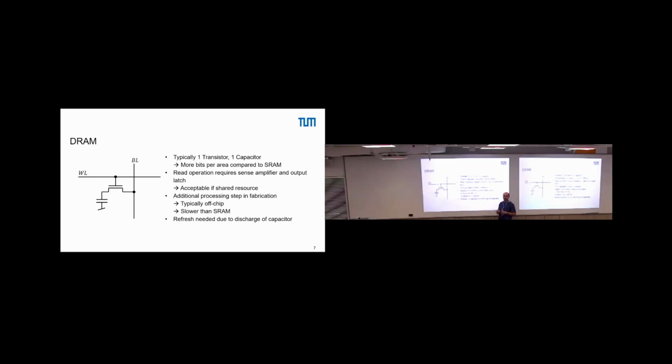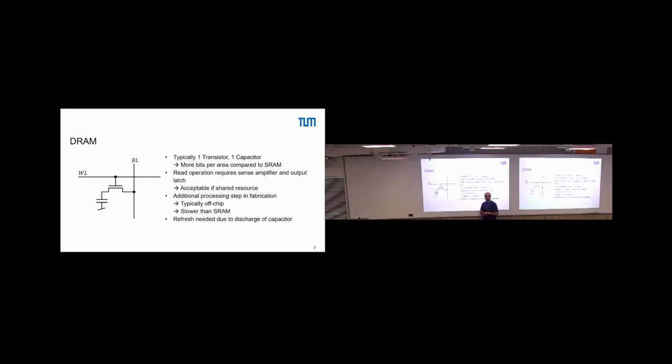What happens in reality? In theory, if I open the switch, I have charges here, they stay there. Nothing will happen. But we are not in an ideal world. Yeah? We are in a physical world where all physical rules apply, and unfortunately that's not perfect from an engineering perspective. So what would happen in the real world?